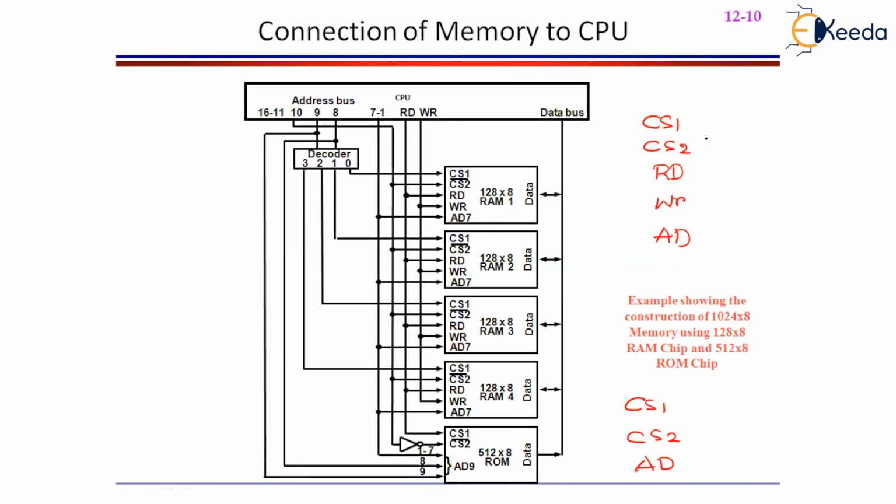Every RAM has these many connections, and the one and only ROM we have in the system has these connections, because we don't require read and write for ROM, because when ROM is selected, only the read operation gets performed. Now we need to make appropriate connections to have our logic appropriately implemented.